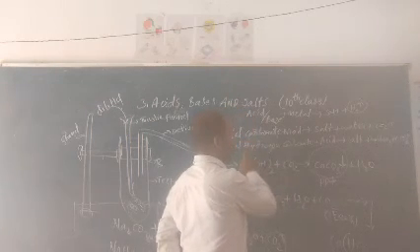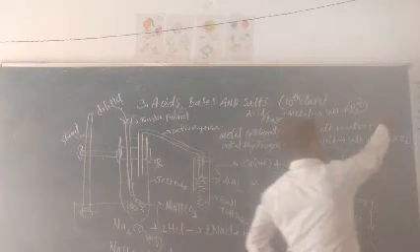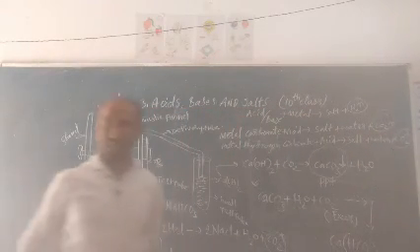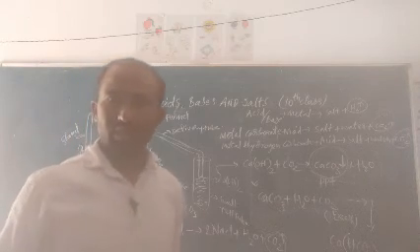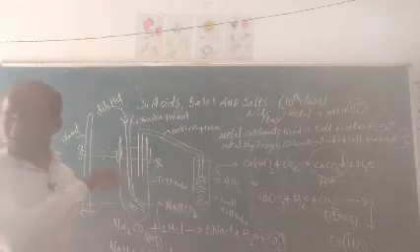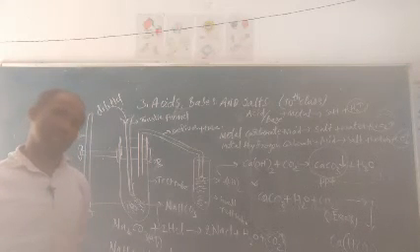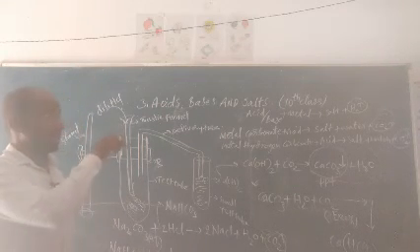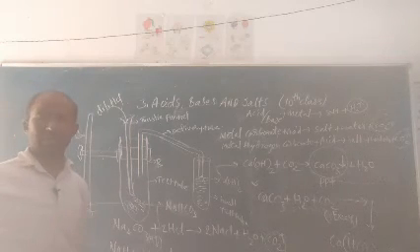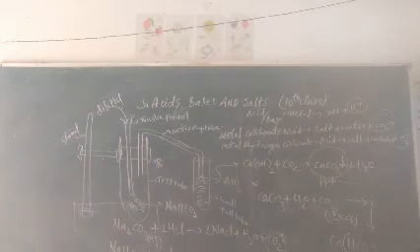Metal carbonate or metal hydrogen carbonate with acid produces carbon dioxide gas. Like that, these are the various reactions that can occur. In activity 3 and activity 4, carbon dioxide is released. In activity 3 and activity 2, hydrogen gas is released. That is the lab activity. There are various lab activities we conducted here.